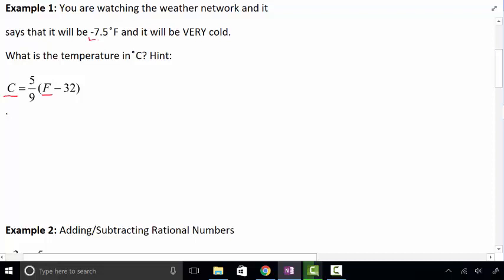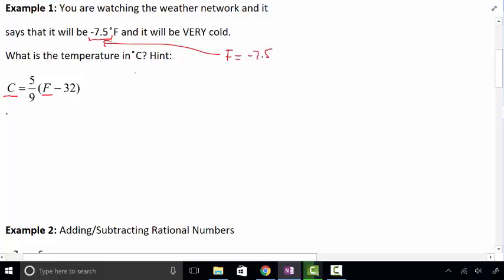So here, this is the information that's given to us, and that's what you always have to do. Look at the information that's given and think about which variable it applies to, or which container it should go into. So this is the Fahrenheit equal to negative 7.5.